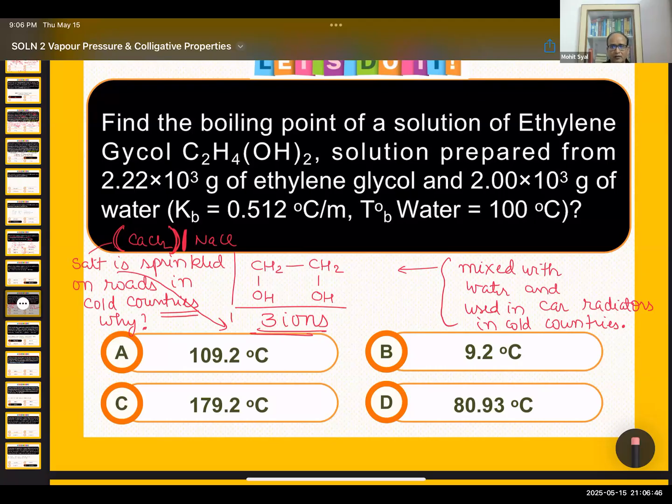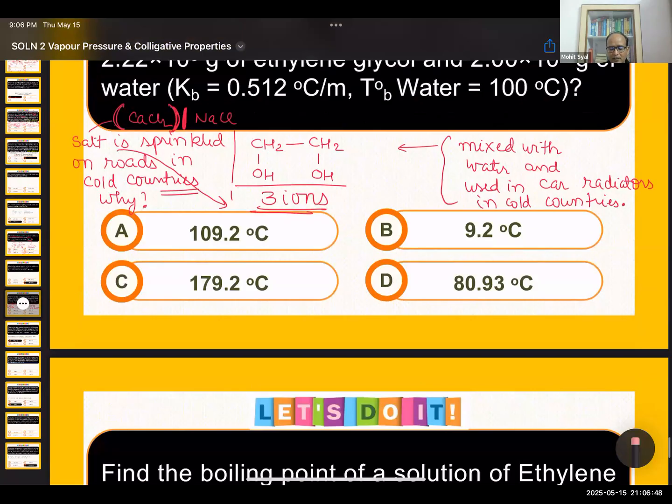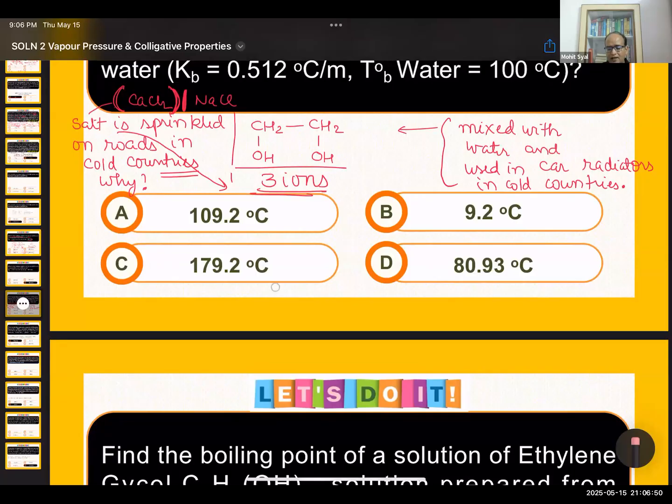Got it? So suppose you take NaCl, the i is 2. So the freezing point, let's say, goes down to -3. With calcium chloride, I'm just taking values without calculation. For calcium chloride, there are 3 ions, and delta TF is i into Kf into molality.